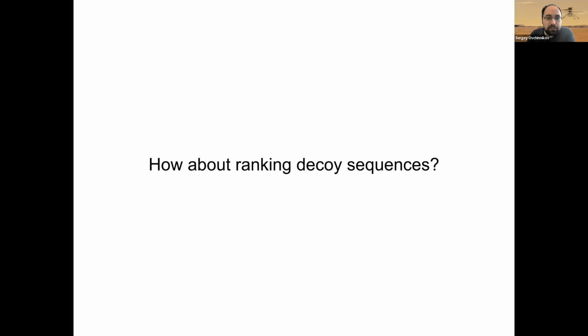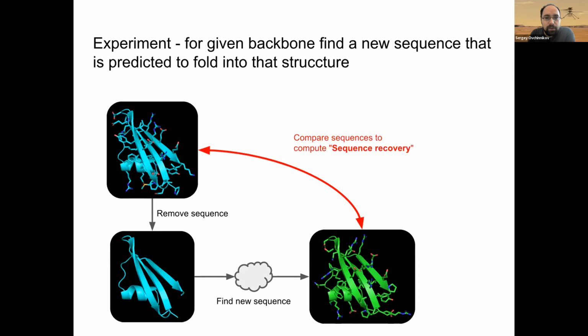One way to potentially answer this question is to formulate it as a design problem. What I mean by that is, imagine we take a structure with a given sequence, we remove that sequence, and then we use some algorithm. In this case, we can use AlphaFold to find a new sequence that it likes, and then we can compare the sequence from the original structure to the sequence that is generated, and see how close they are to each other.